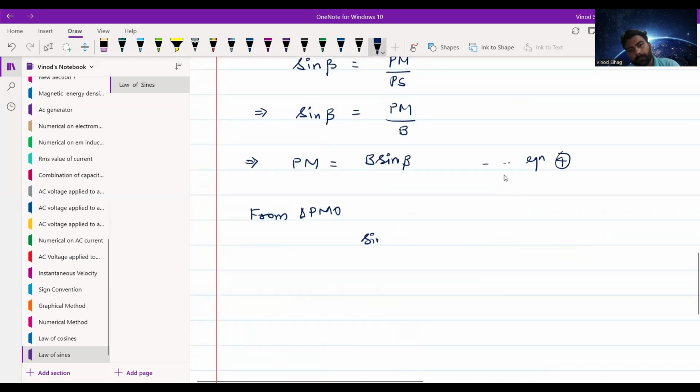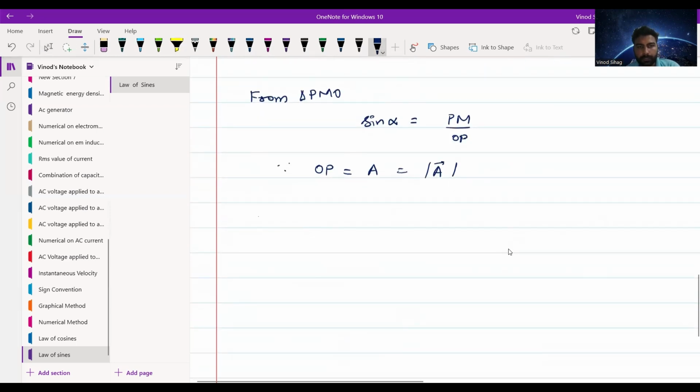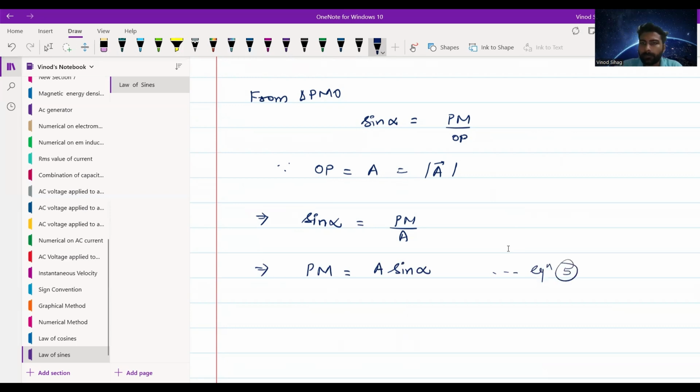From the diagram, since OP equals A, the magnitude of A vector, we get sine alpha equals PM upon A. And finally, PM equals A sine alpha. Let's name this equation number 5.